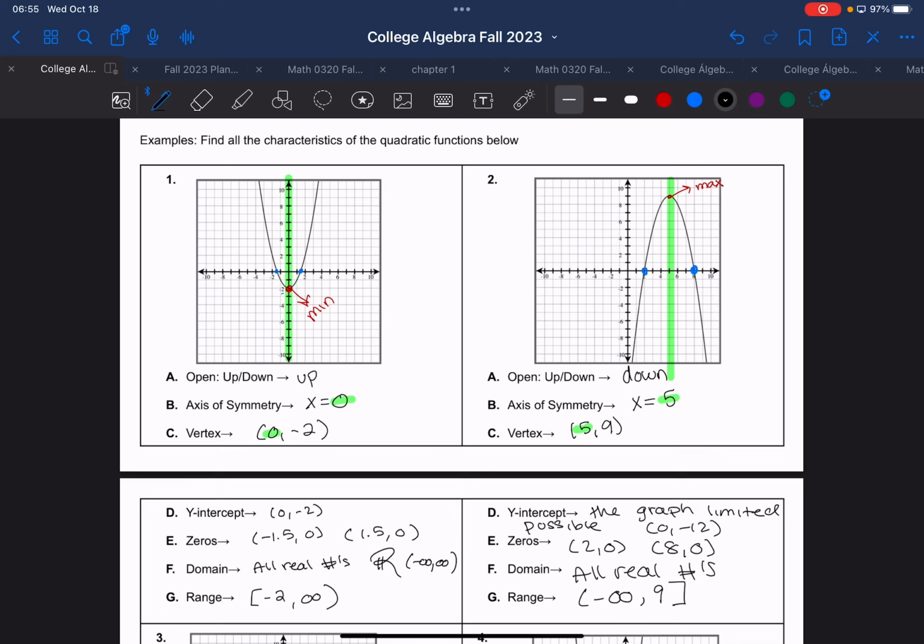Same with number 2, our vertex was 5, comma 9. So our range is negative infinity to 9. So we're looking at those y values. So when reading the graph, I'm going to be reading from the top down, correct? Or you can read from bottom to top. It doesn't matter as long as you put your negative number first. Okay. Your negative number is always going to come first. So if you want to remember it that way, then I would read it from bottom to top. Negative number first. Yep, negative number first. Any other questions?